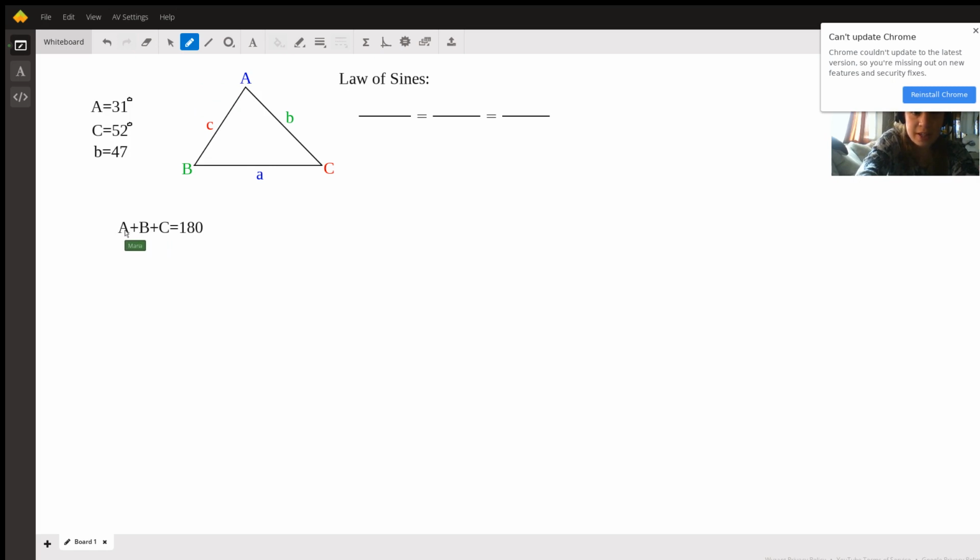And so we can fill in the information we know. We know that angle A's measure is 31. We know that angle C's measure is 52. So then we can solve that equation. We can subtract 31 and 52 from the 180, or from both sides, really.